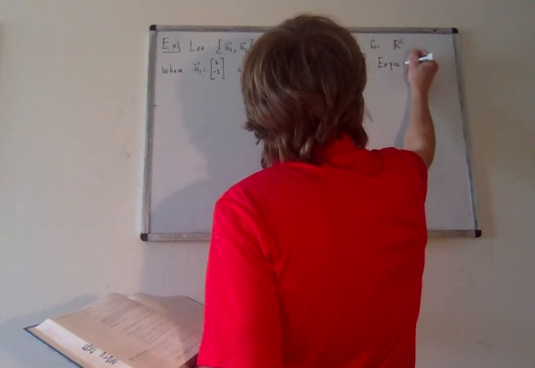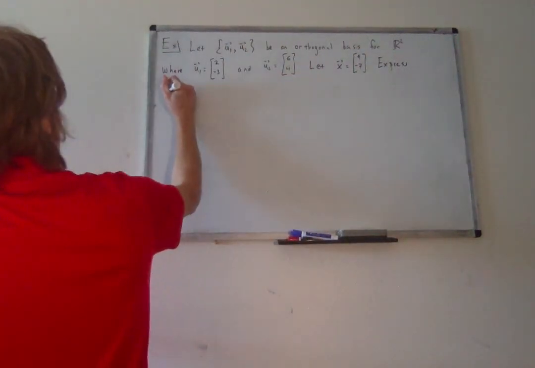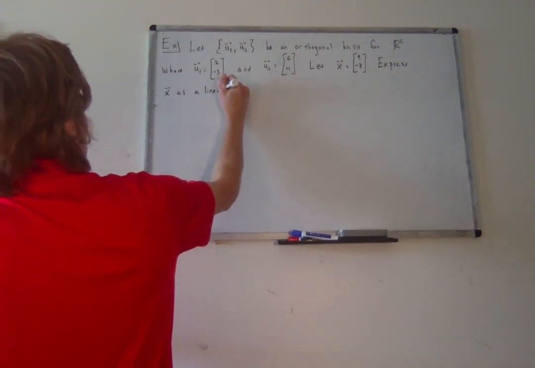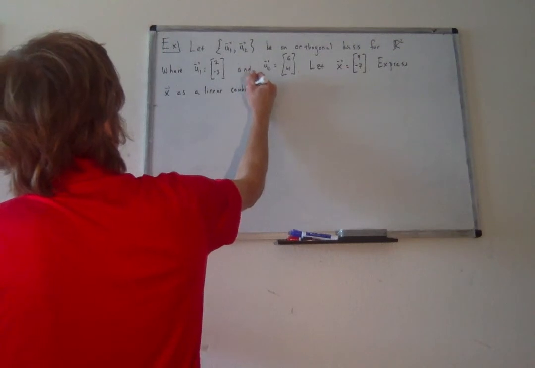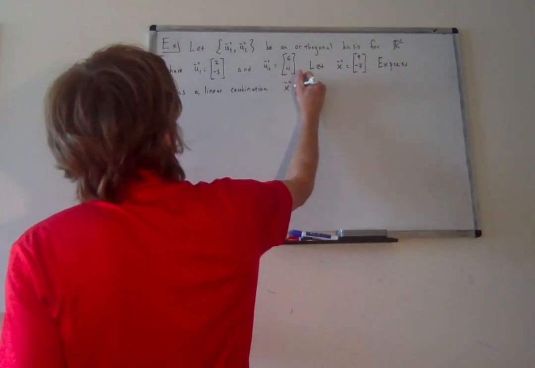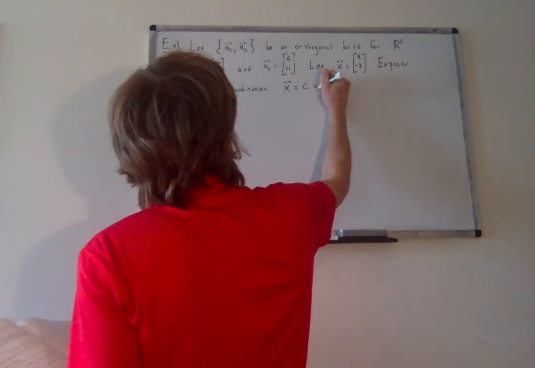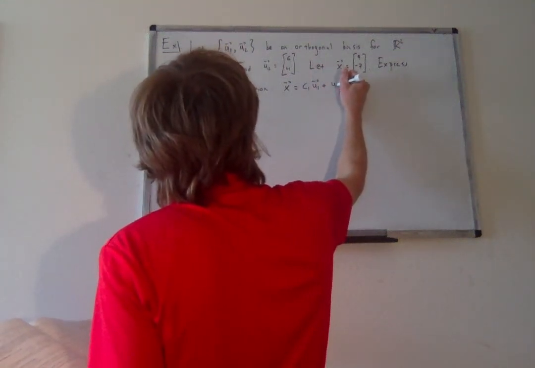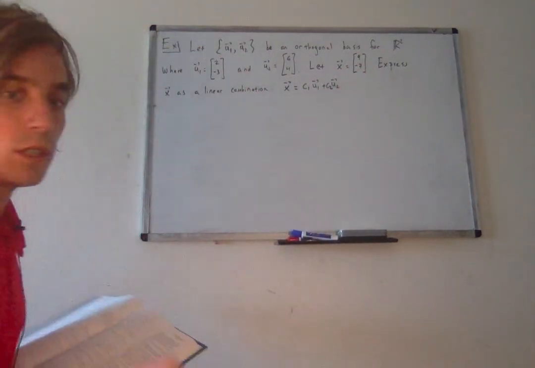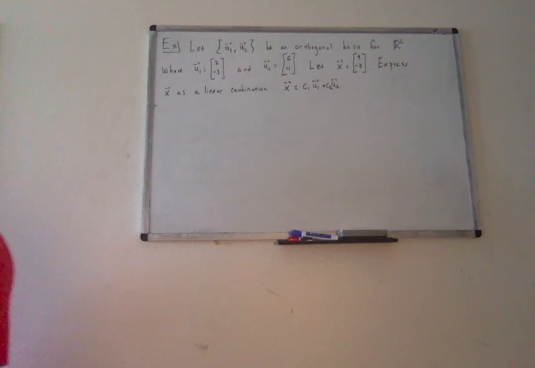And so we want to express x as a linear combination of u1 and u2. Meaning, basically what we want to do is calculate constants c1 and c2 in this equation.